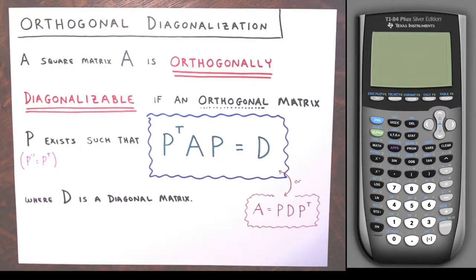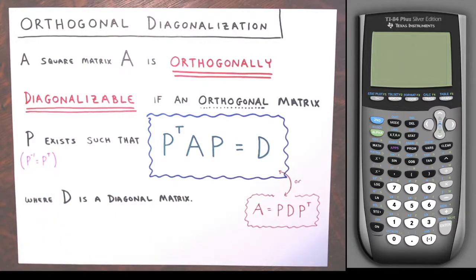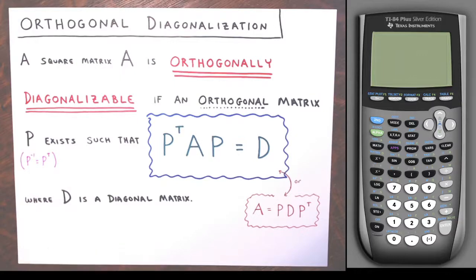Each pair of columns under the dot product, which we'll use as the inner product here, will have a dot product of 0, so they are orthogonal, and each column will have a norm of 1, a unit vector. So if I take the dot product of every column of P with itself, it's going to be 1.